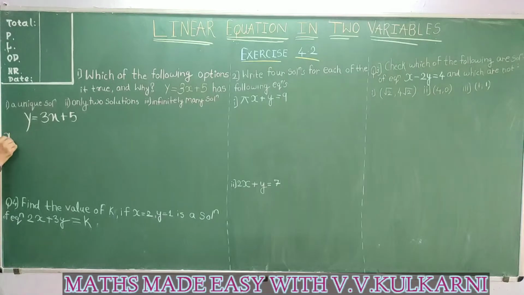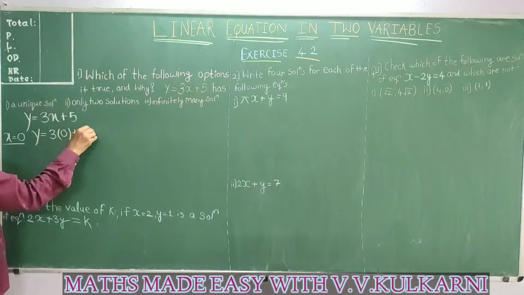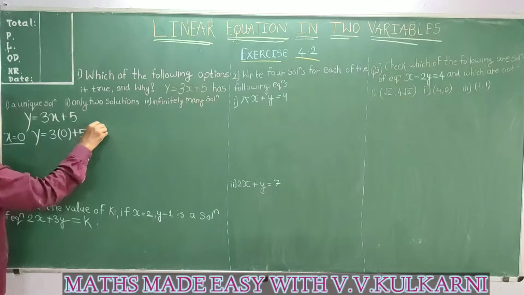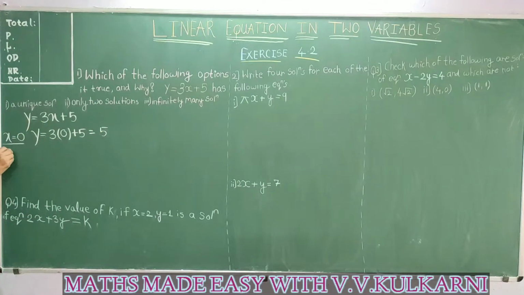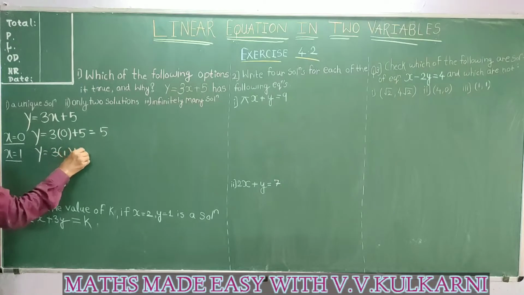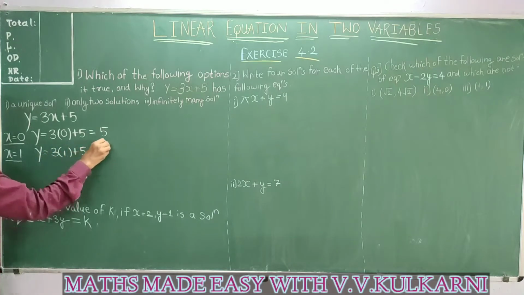Suppose I put x = 0, then y = 3 into 0 plus 5, that is 0 plus 5, which is 5. Suppose I take x = 1, then y = 3 into 1 plus 5. 3 into 1 is 3, 3 plus 5 is 8.